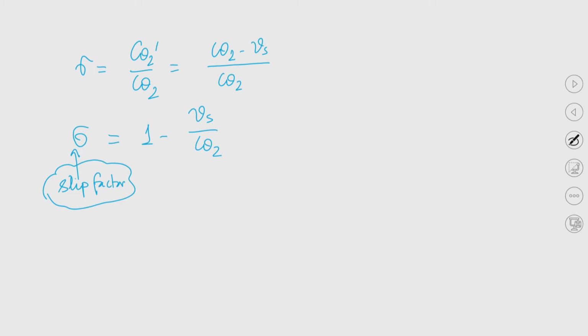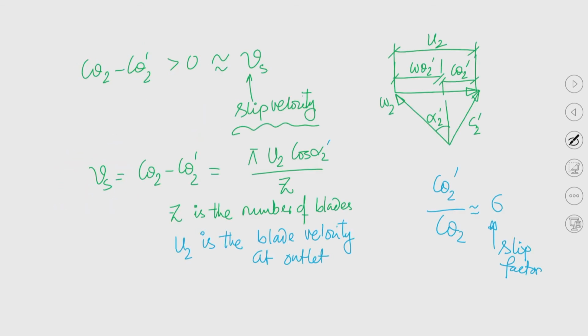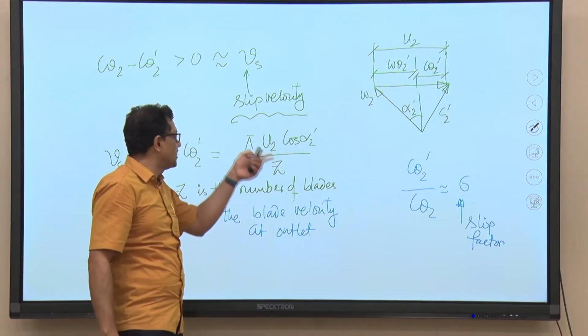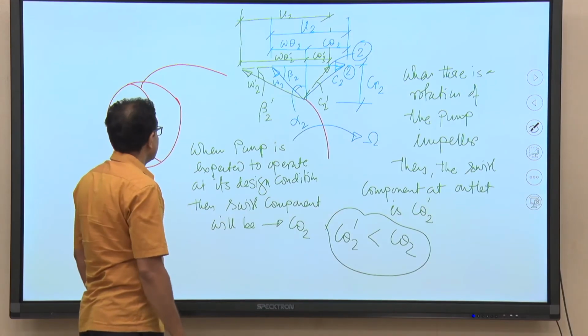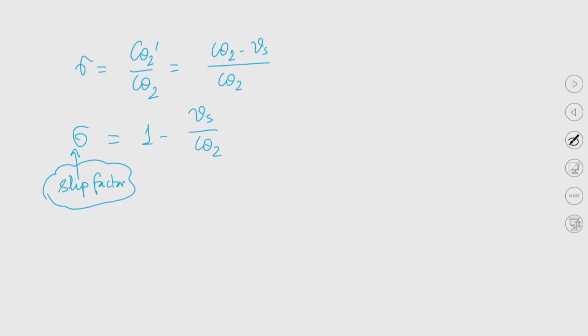Now, the question is what is Vs? Vs we have already written, that is pi u2 cos alpha 2 by z. If we plug in the value of Vs, we can write that as 1 minus pi u2 cos alpha 2, I am writing alpha 2 prime, divided by z into c theta 2.